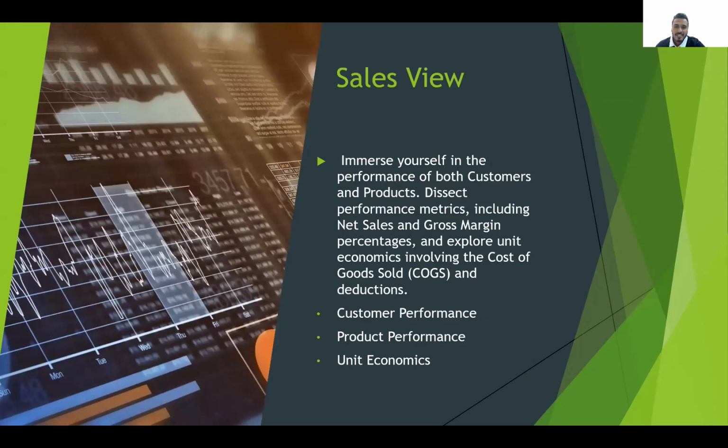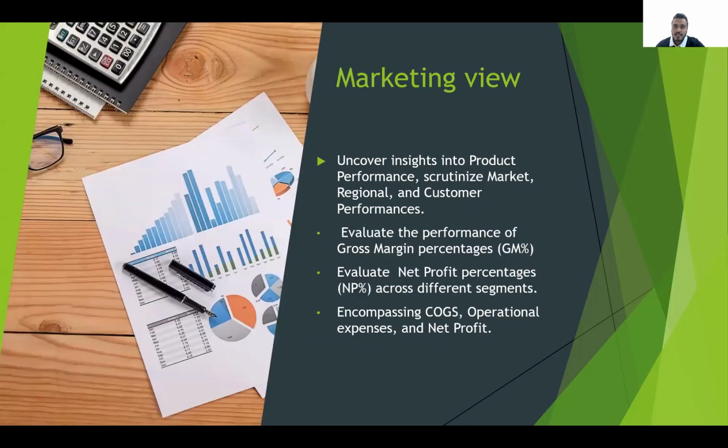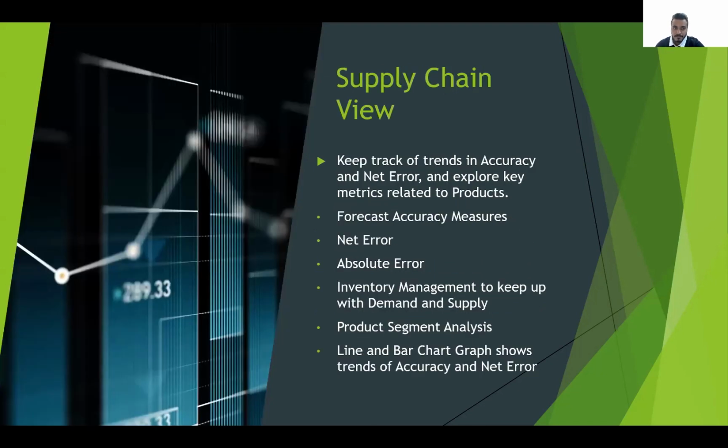The sales view shows customer performance, product performance, unit economics of the products, and the total gross revenue generated. Marketing shows the expenses generated by the marketing team on various stores. In the supply chain, we keep track of the inventory, where supply is matched to the demand of the product for every kind of customer situated around the globe.